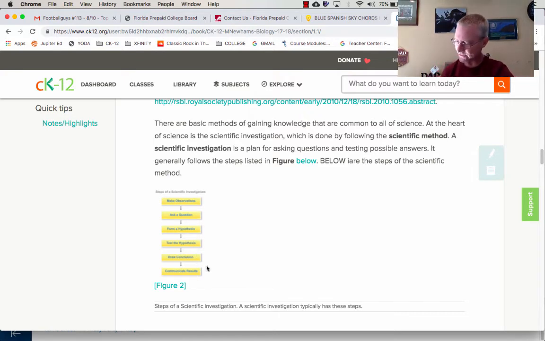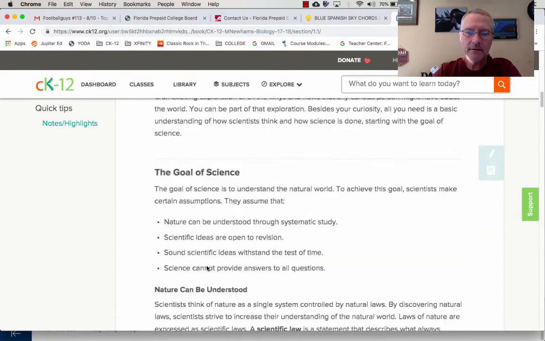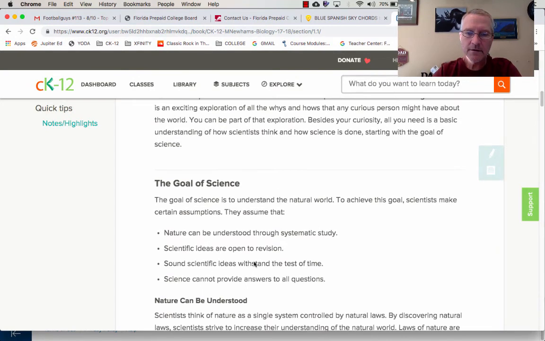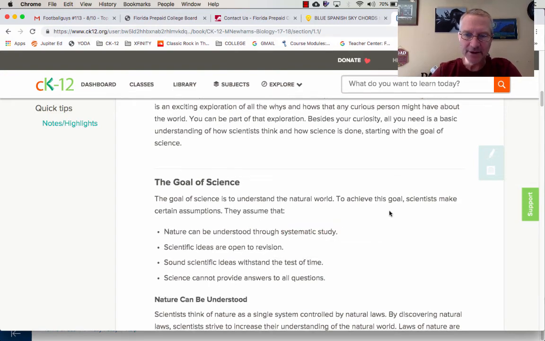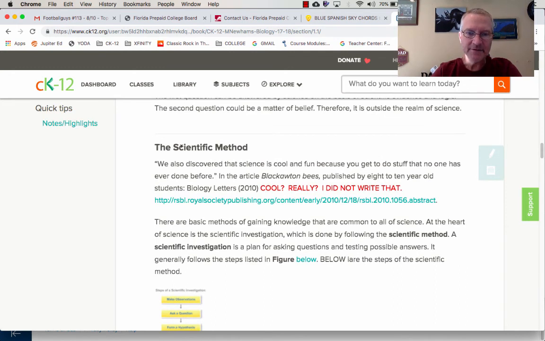And if we go back to the term systematic study, the systematic study they're talking about is the scientific method. That's the systematic study.